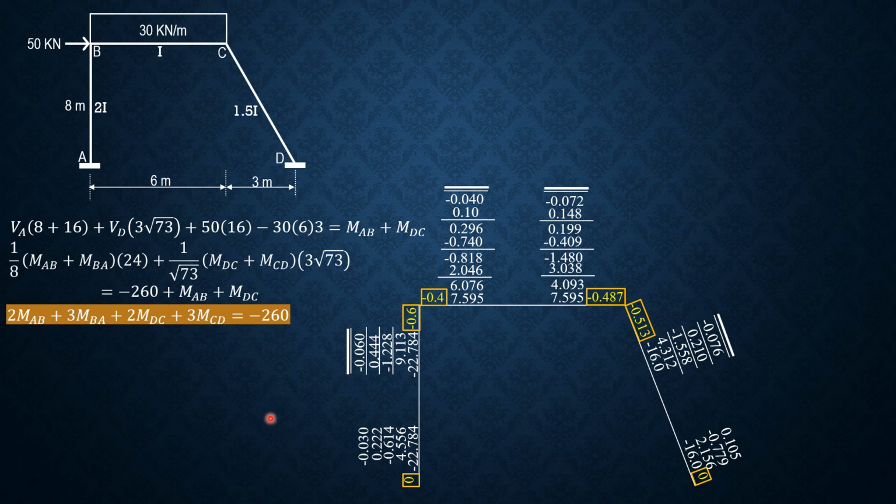And 0, 0, half of negative 0.06, negative 0.03 lakh, final lakh. Half of negative 0.076 here, negative 0.038 lakh, final lakh.